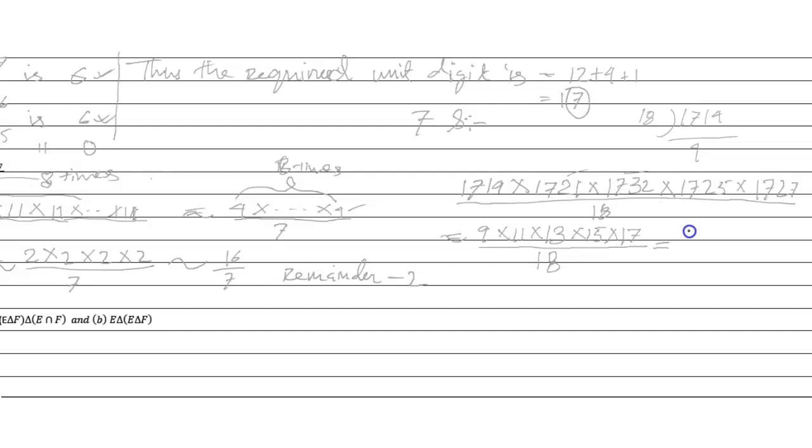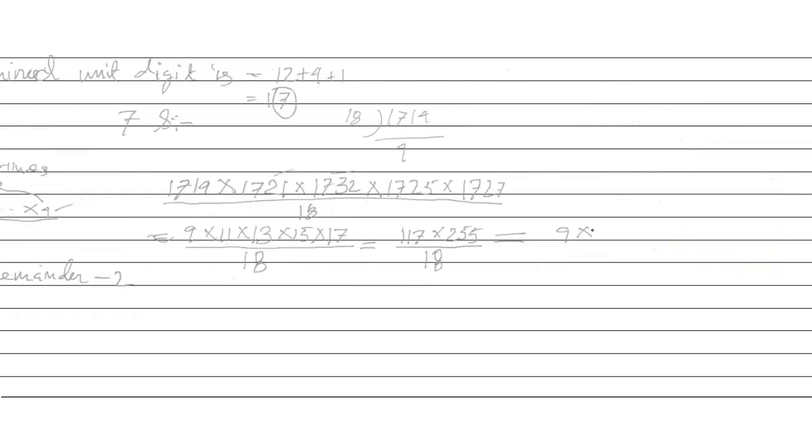So whatever we get in total, 117 into 255 divided by 18. 9 into 13, 9 into 3 divided by 18 is equal to 27 divided by 18. This value is 3 divided by 2.